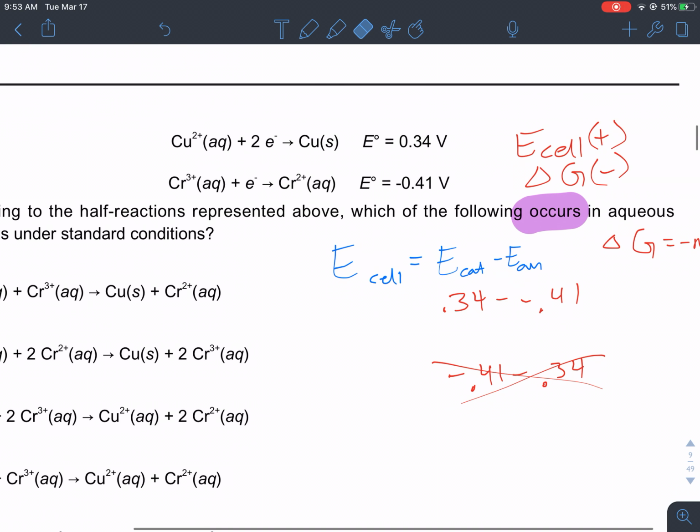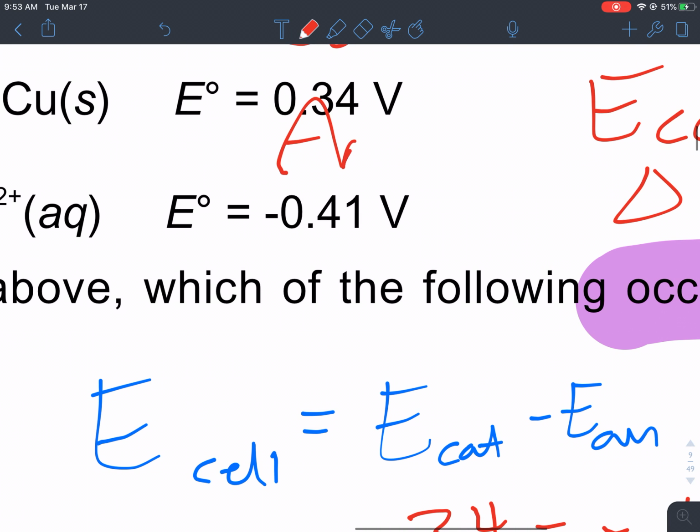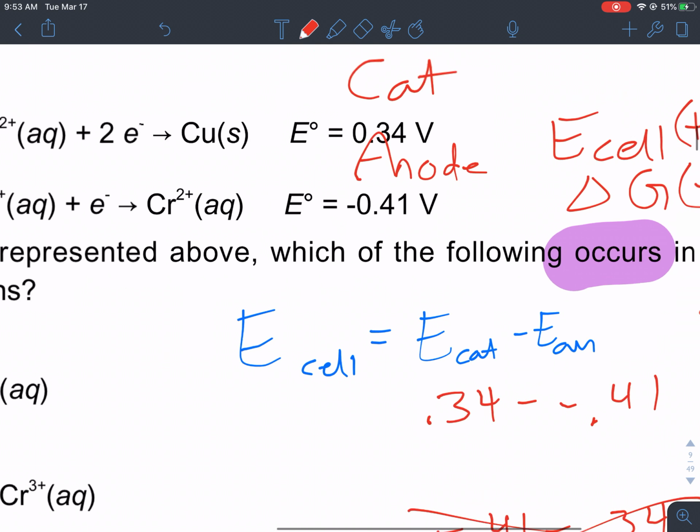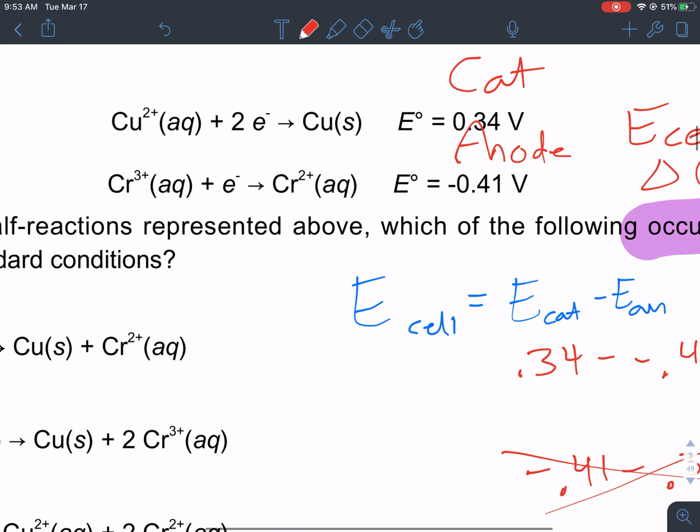So what does that mean? This is our cathode, and this is our anode. A cathode is where reduction occurs. An anode is where oxidation occurs. What is the top one showing?